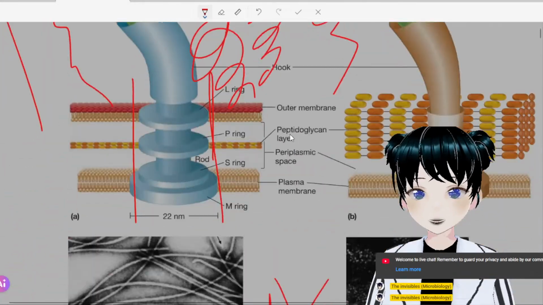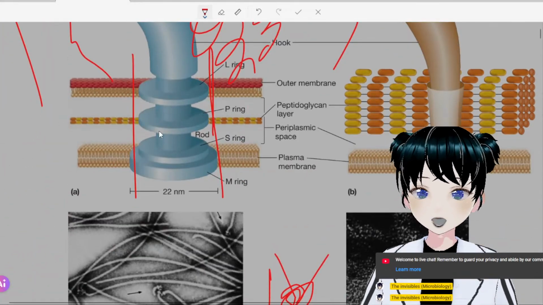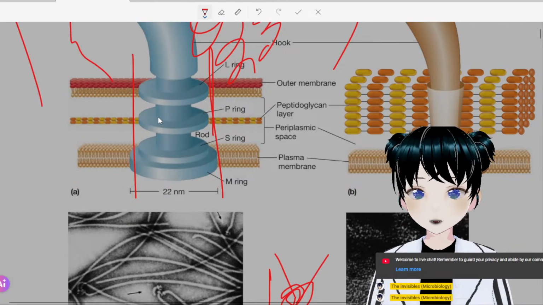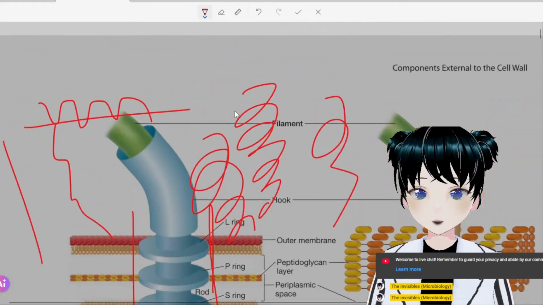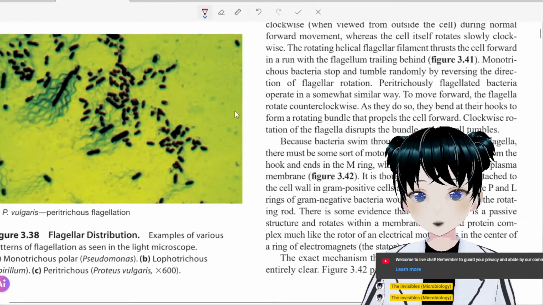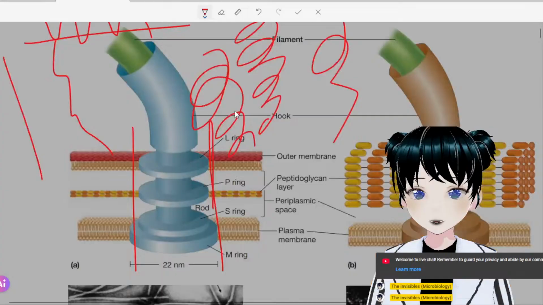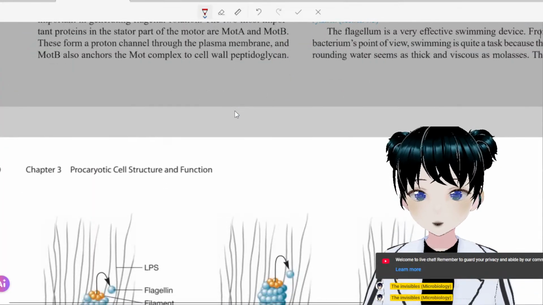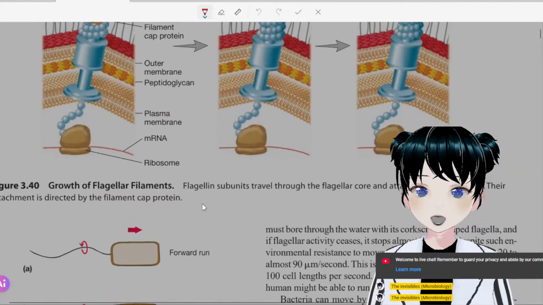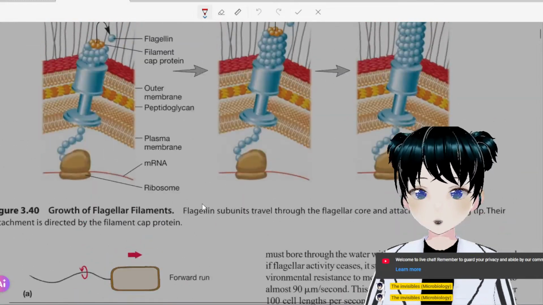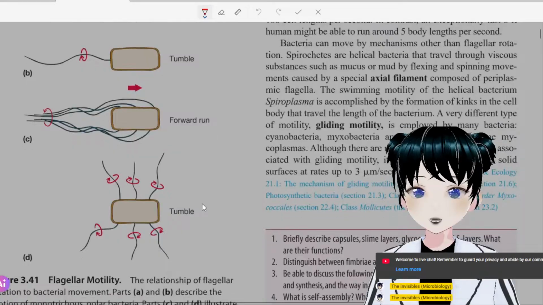Even though it is embedded in the membranes of the bacterial cell, it can still rotate, and the speed is extremely high. Now if we go below, this is the flagellar reproduction or flagellar repair or creation, so this will come in the end.